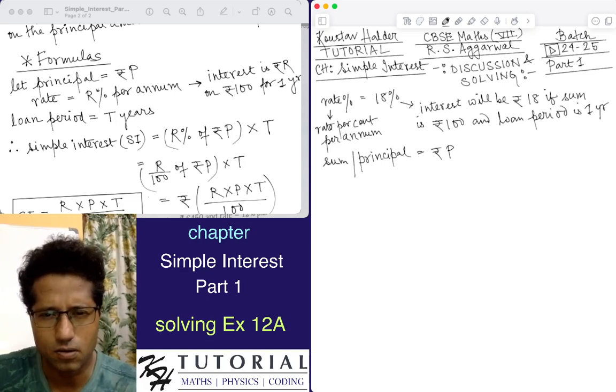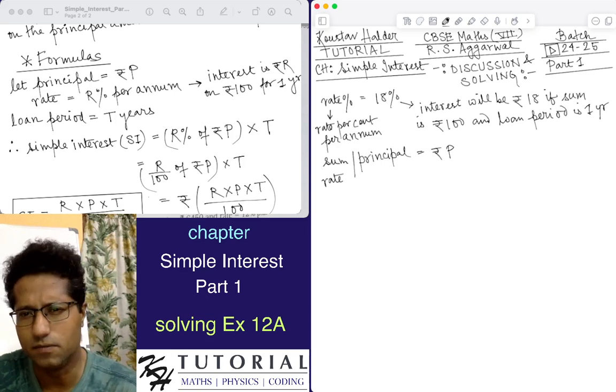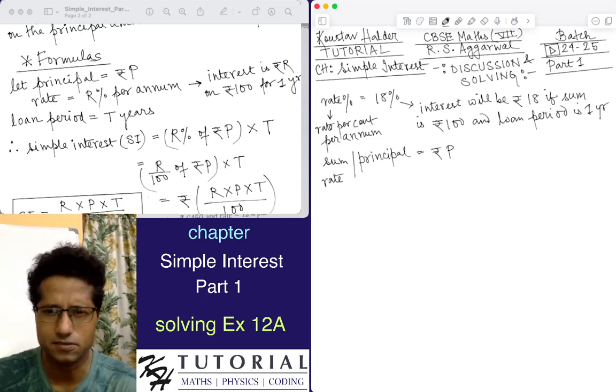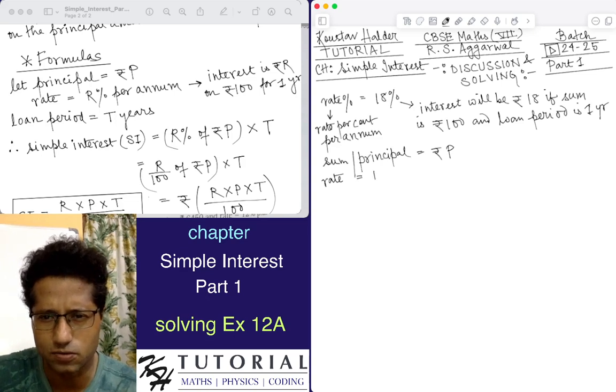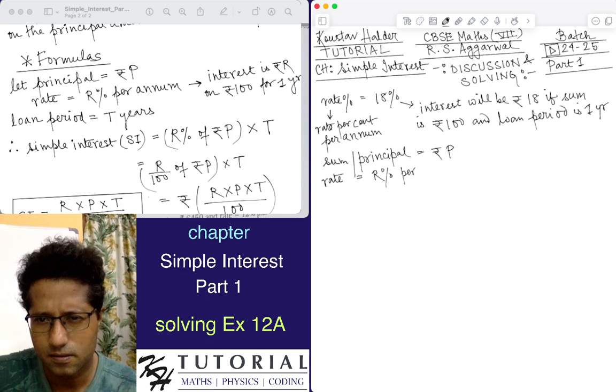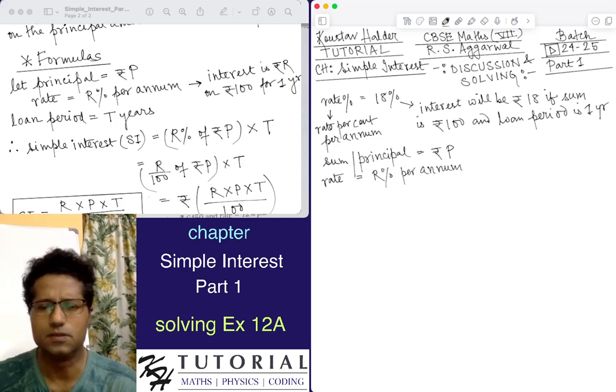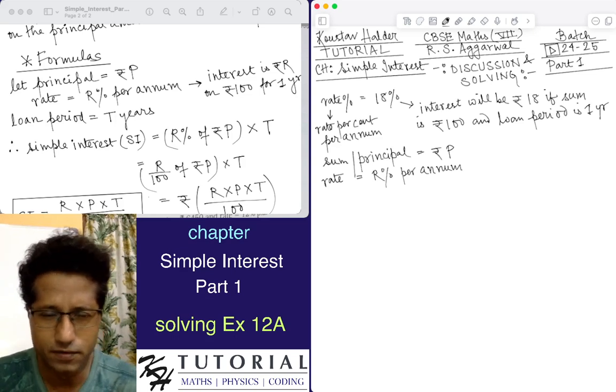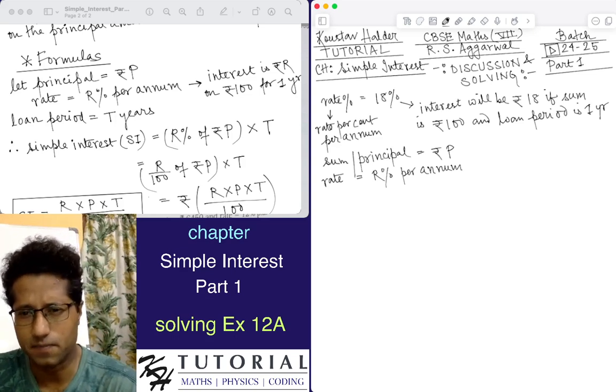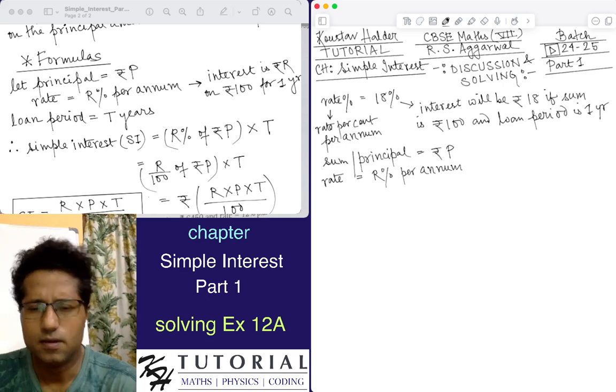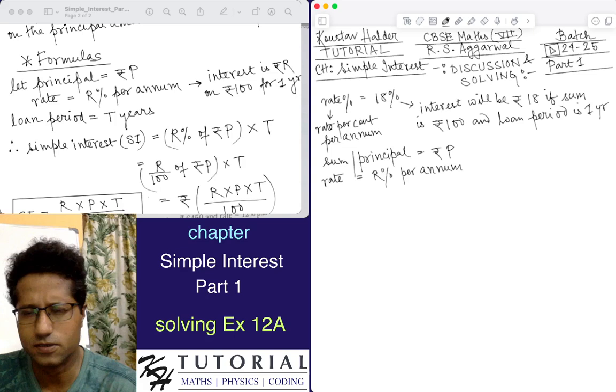Now rate. When we say rate equals R percent per annum, this means that the rate of interest, that is the rate percent per annum, is R%. So R is some numerical value, obviously positive.